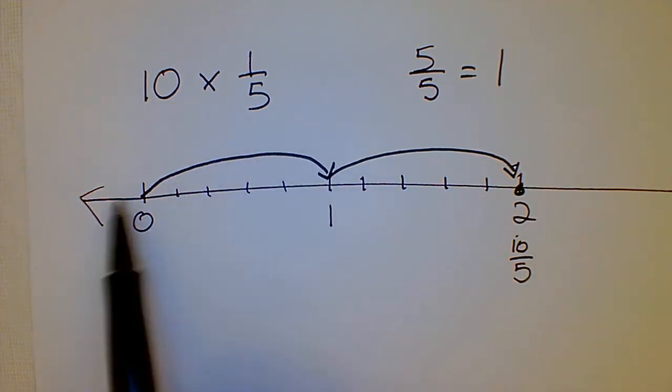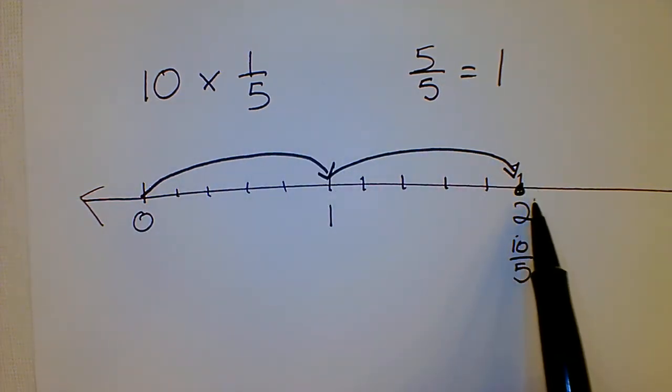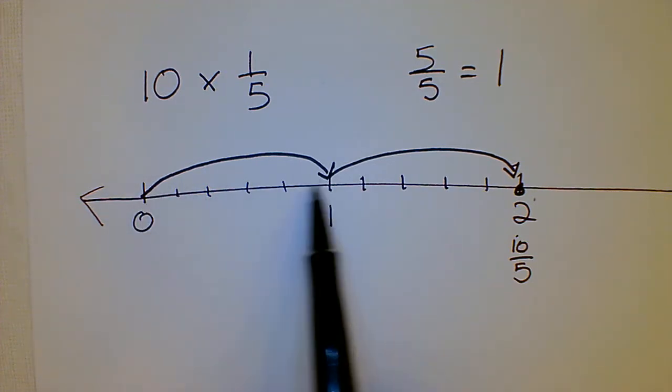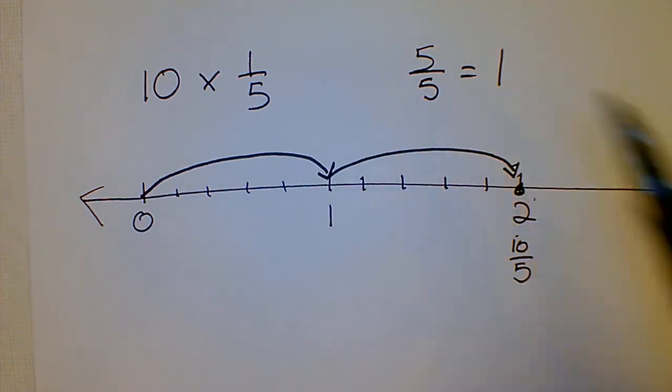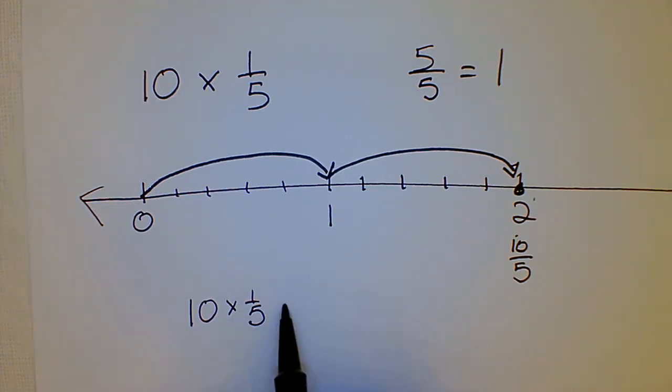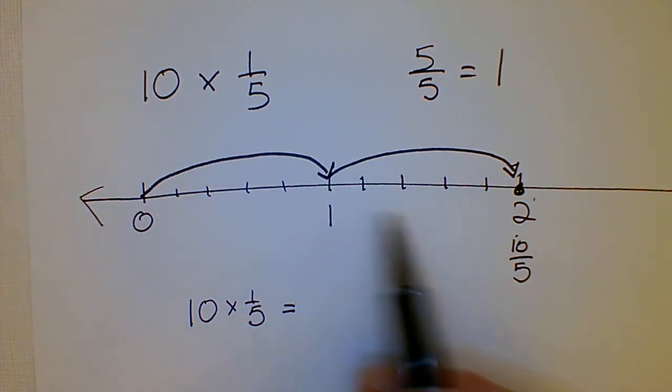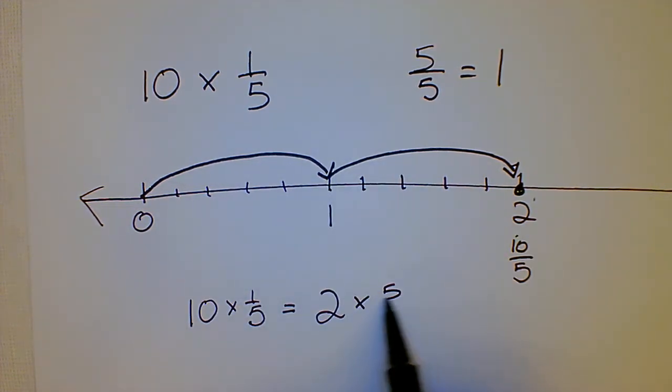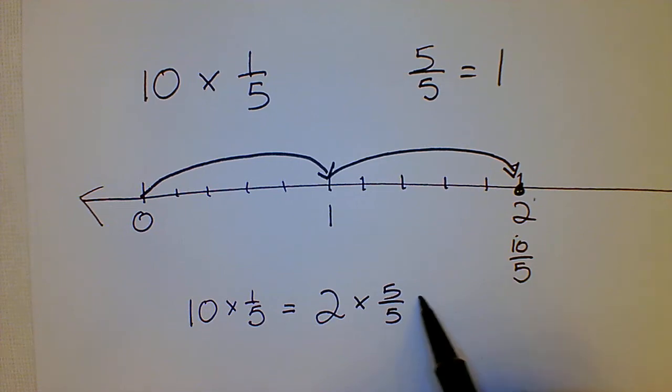So we just modeled hopping by units. Instead of hopping by fifths, we're saying, oh, well, 5 of them make up one whole unit. So another way now to write this is to say that 10 times 1/5 is equal to 2 times 5 fifths, or 2.